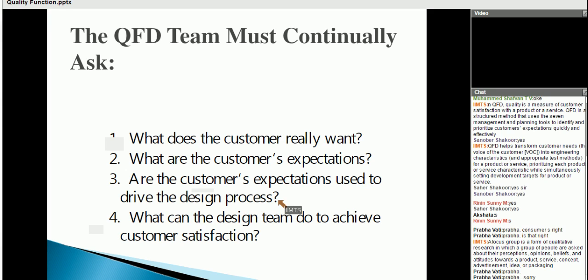So that they try to match the customer's expectation as far as possible. What can the design team do to achieve customer satisfaction? So once they get to know about the customer's requirement, the design team tries to include all those inputs before designing the product.